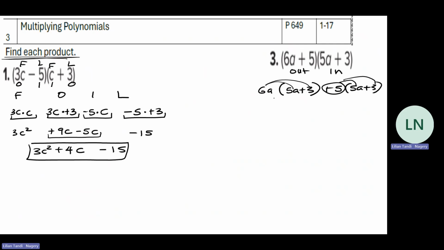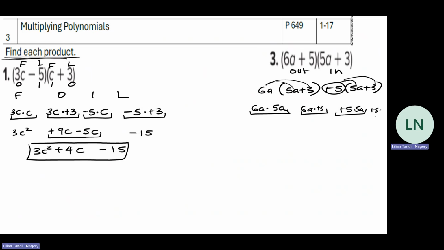So 6a times 5a. Then you have 6a times 3. Then you have positive 5. Actually, it's not times 3, it's times positive 3. The sign is important. Positive 5 times 5a.